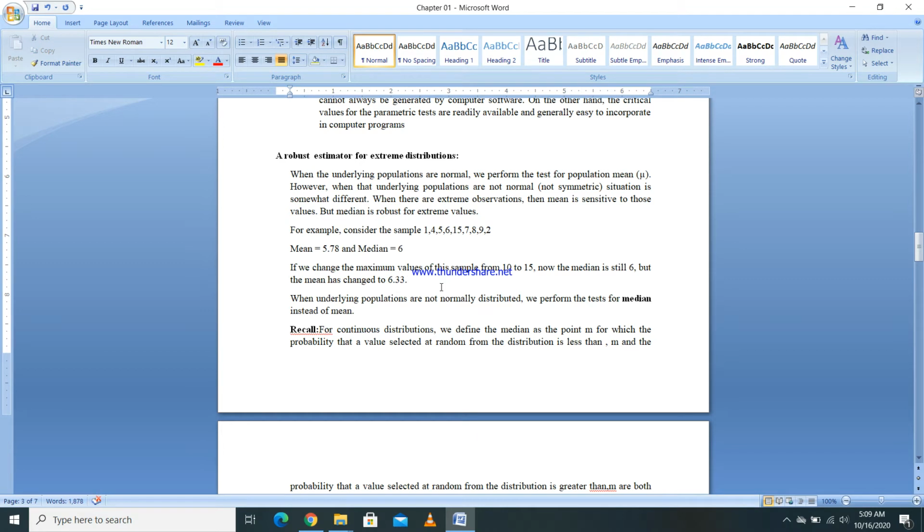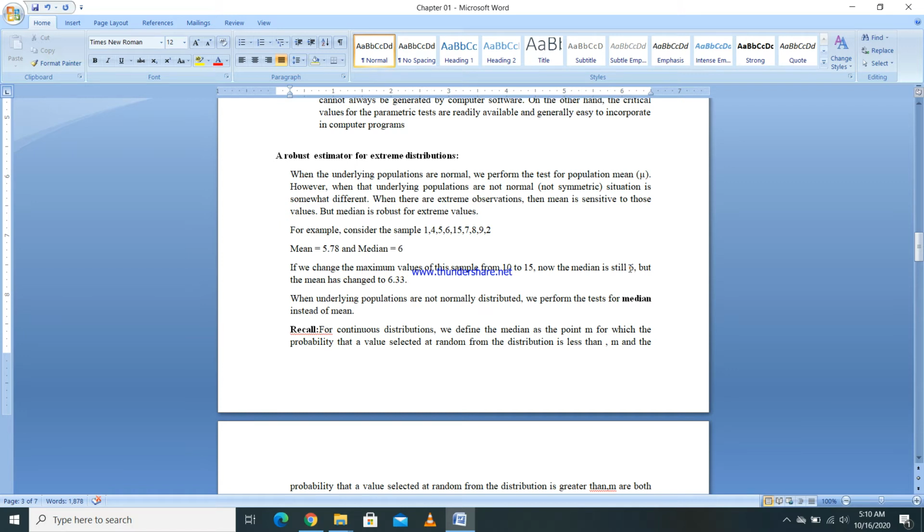But if you calculate the median, it is still equal to 6. So the median is not changing. Even though we change the values in our sample, the mean value changes but not the median. The median does not change due to extreme values of your distribution.